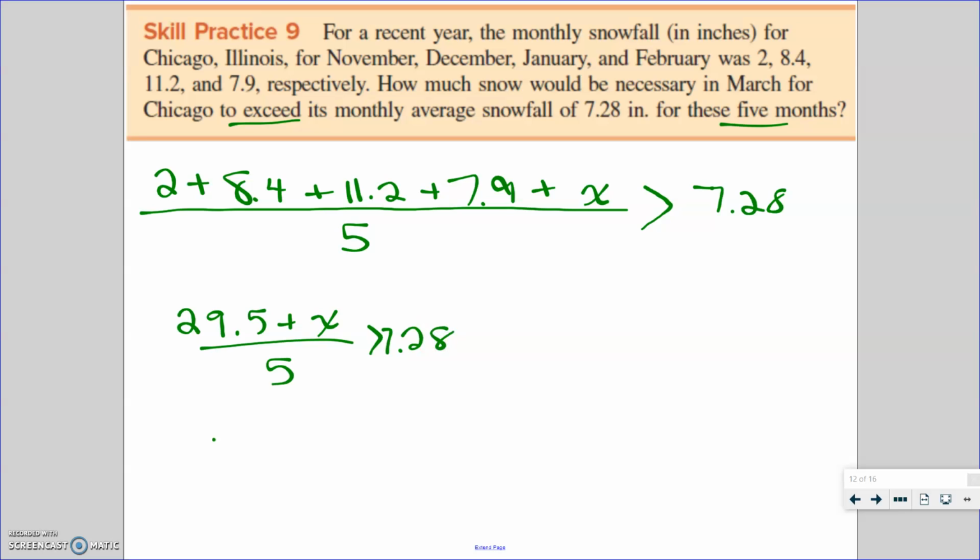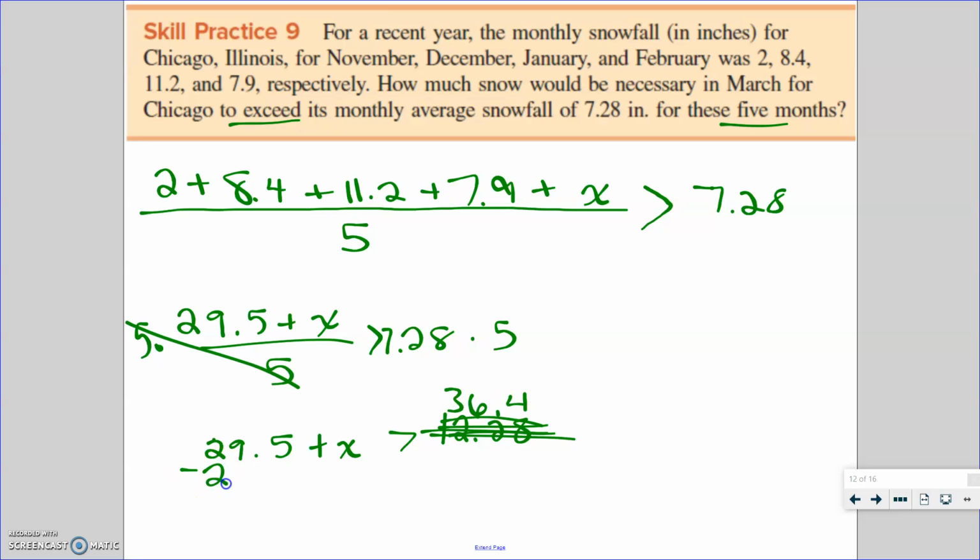Okay, so to solve for X, multiply by 5 on both sides to get rid of the fraction. So we get 29.5 plus X has to be greater than... I added that wrong, that's why it does not seem right. 7.28 times 5 is actually 36.4.